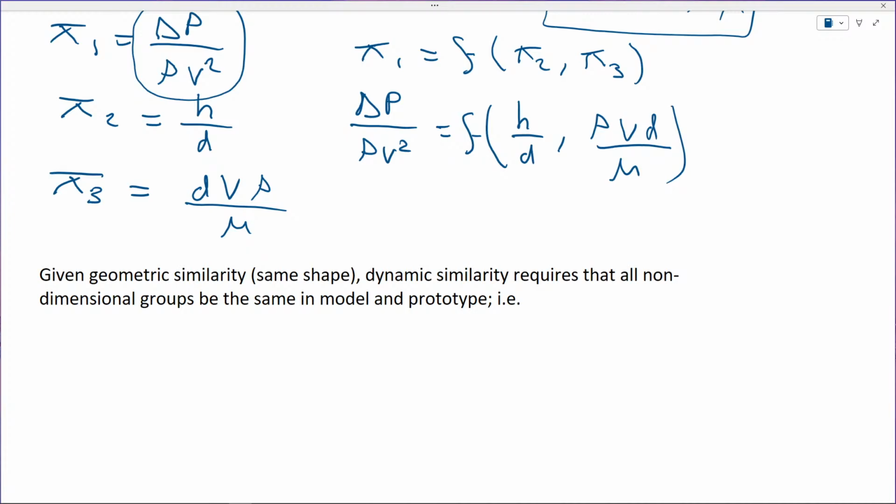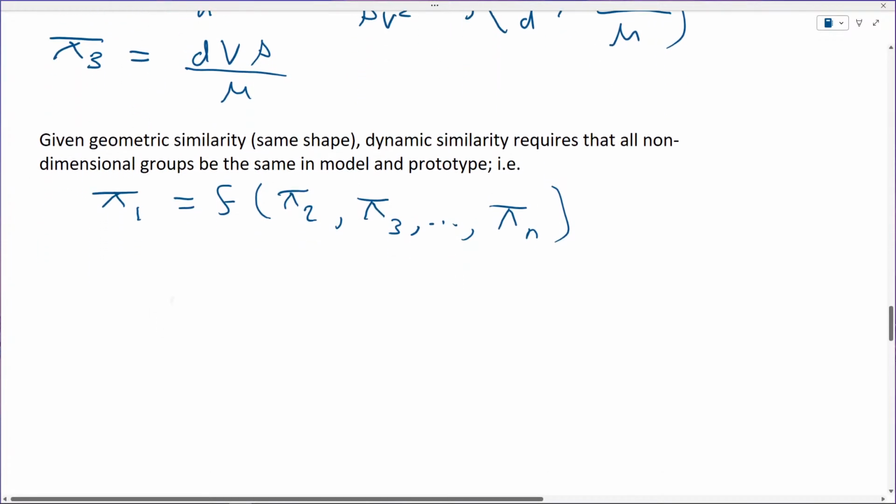Okay, so for example, I have pi 1 as a function of pi 2, pi 3 to pi n.